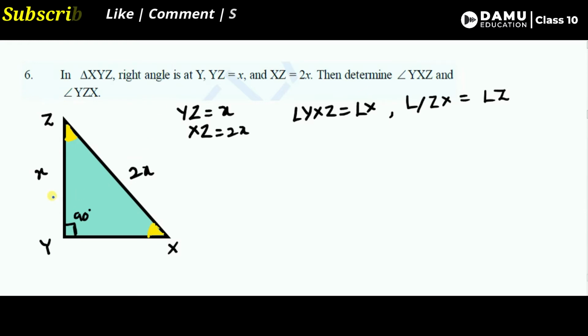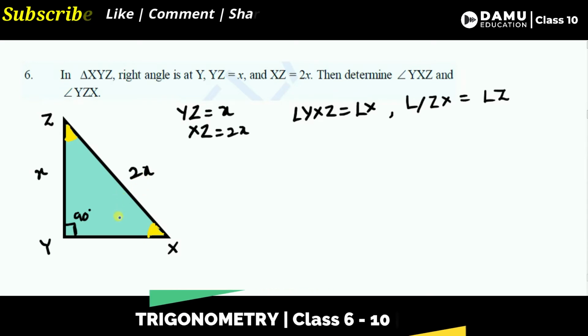Here they have given that the adjacent side is not given and the hypotenuse is given. So based on the conditions, we can use the sine value to calculate angle X. So let's write it for angle X. In order to find angle X, the opposite side is given and the hypotenuse.